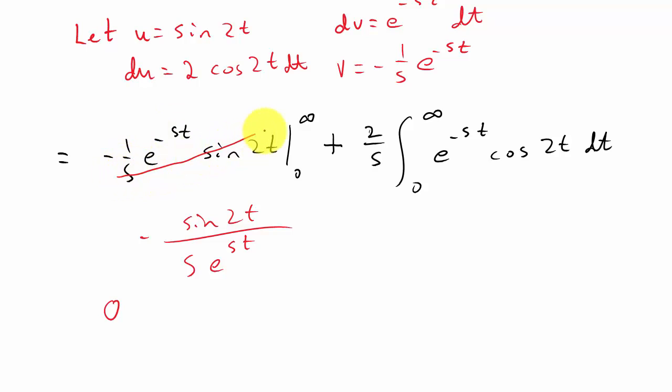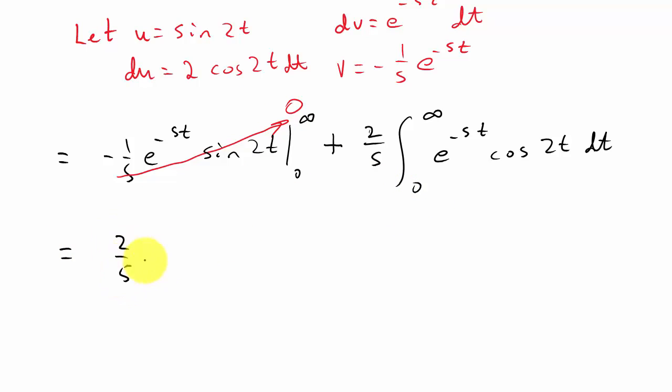So this whole thing here just goes to 0. Maybe that'll make it a little bit easier on us, we won't have so much written down. So let's just rewrite this as 2 over s times the integral from 0 to infinity of e to the negative st cosine 2t dt.